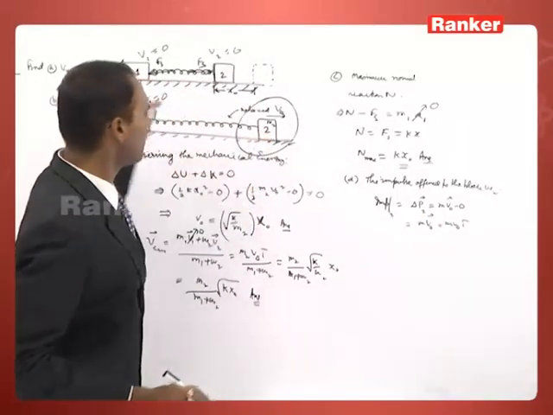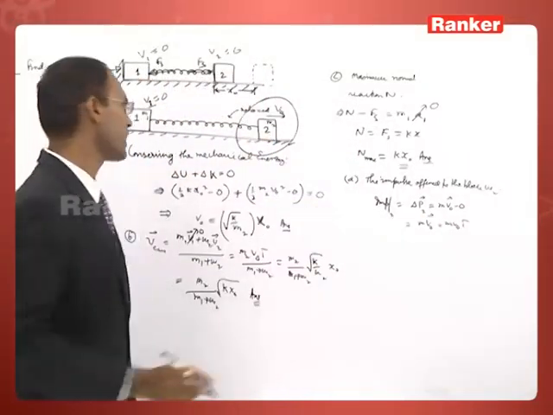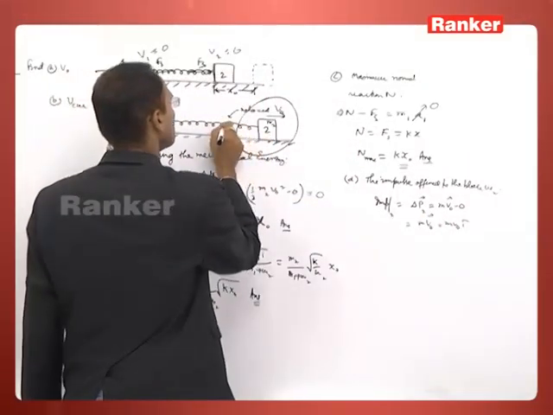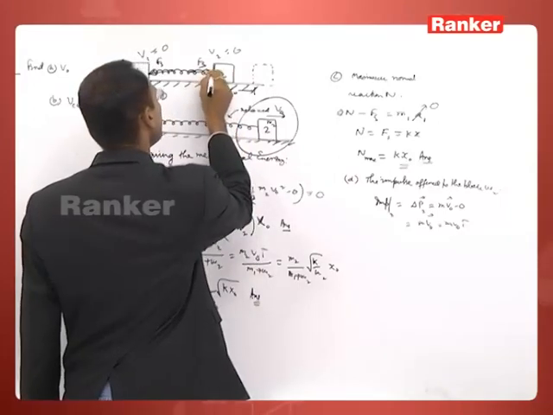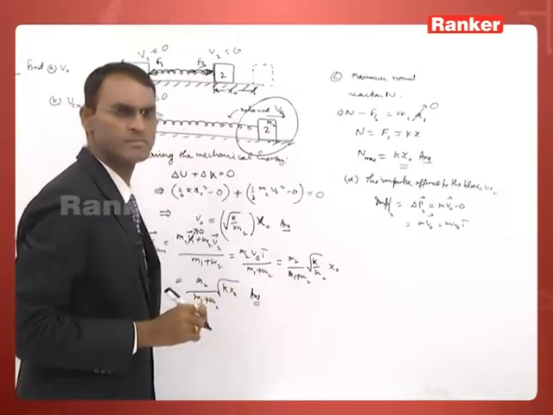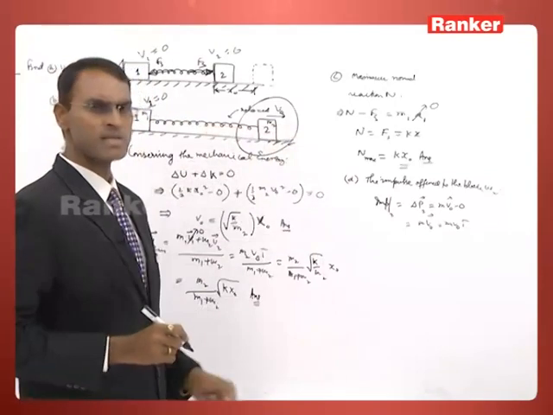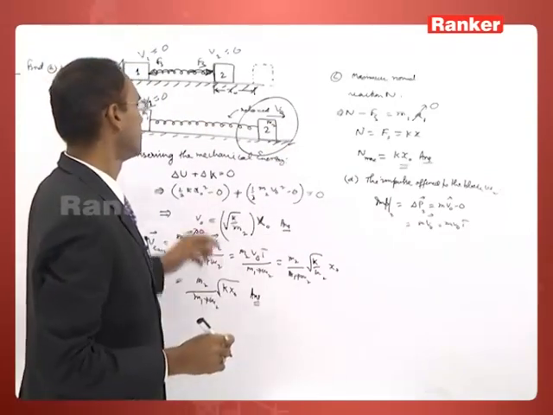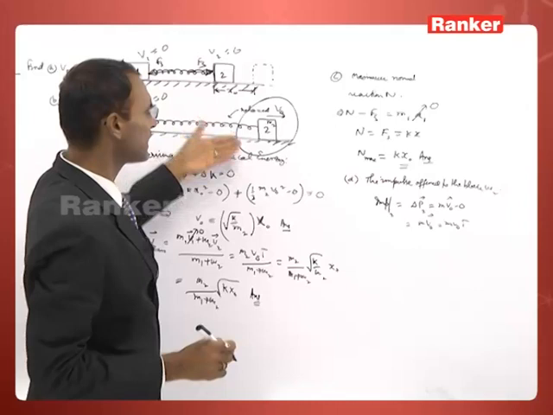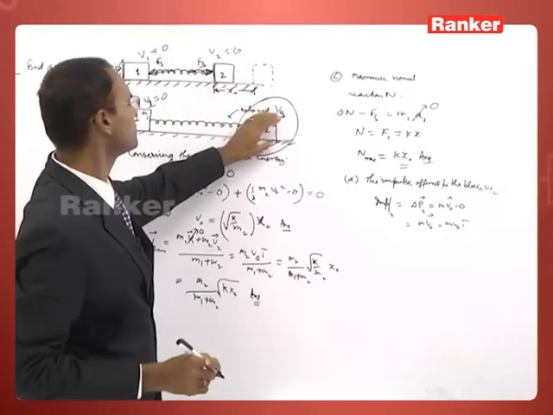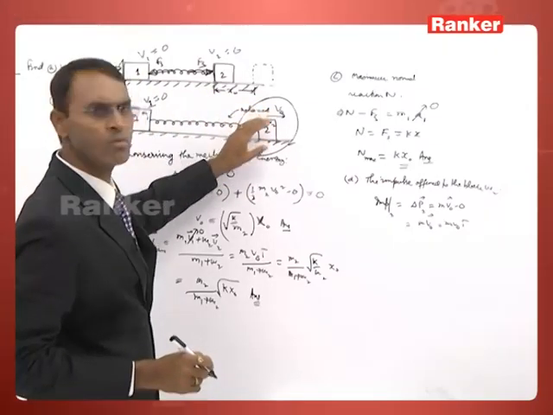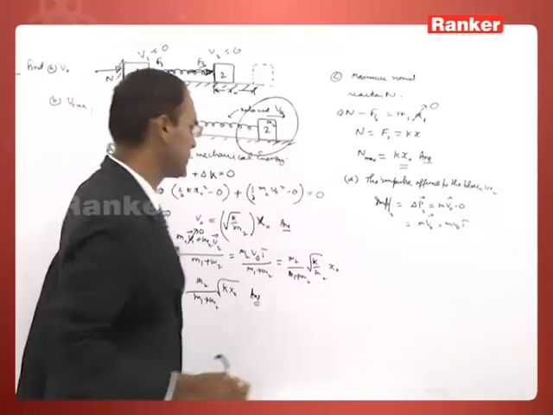It changes its momentum in the positive x direction because the spring is continuously pushing it towards the right. In other words, the impulse acting on block 2 is directed towards the right.